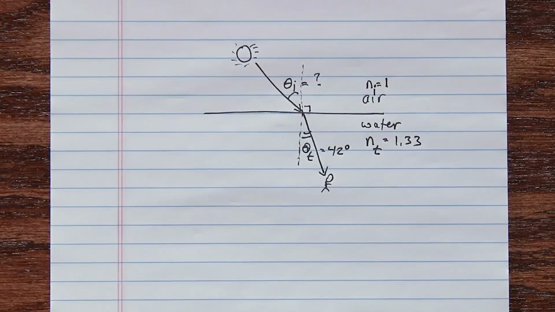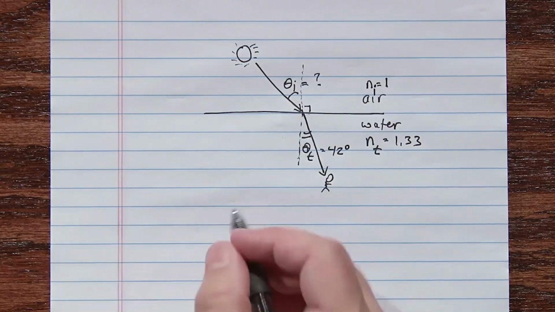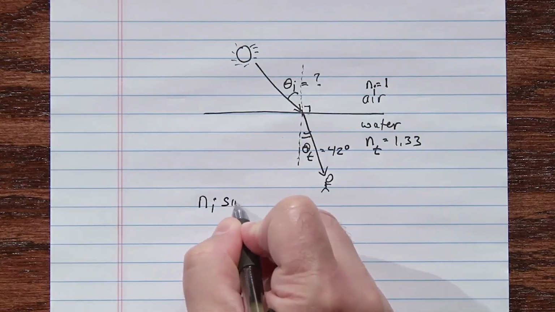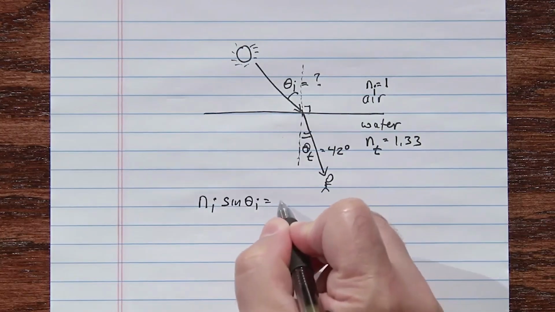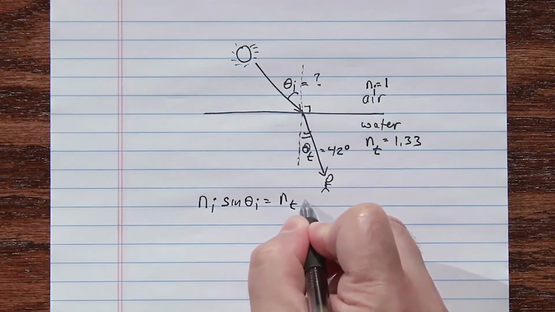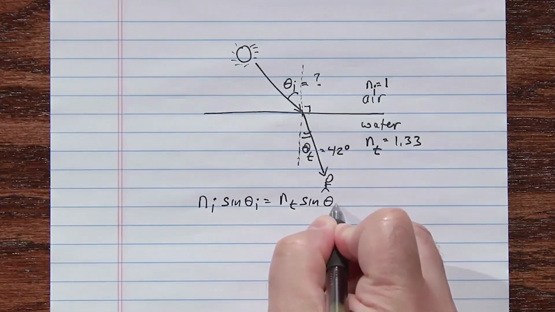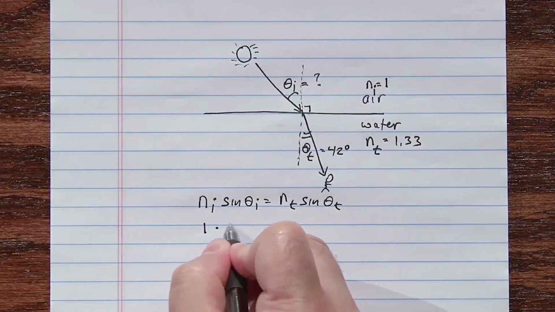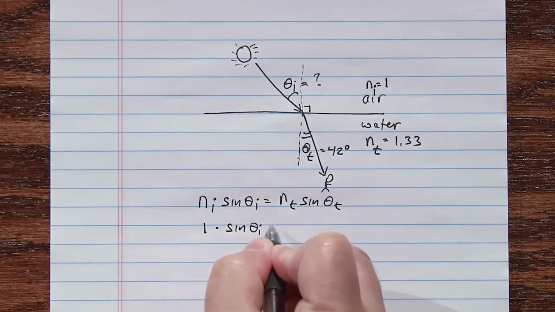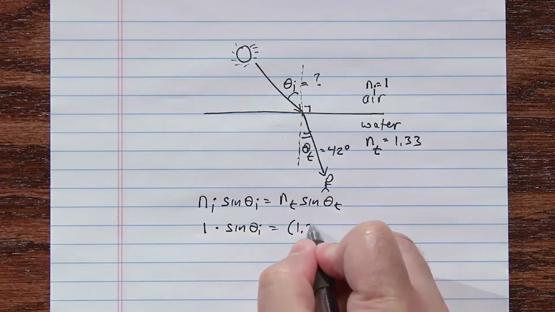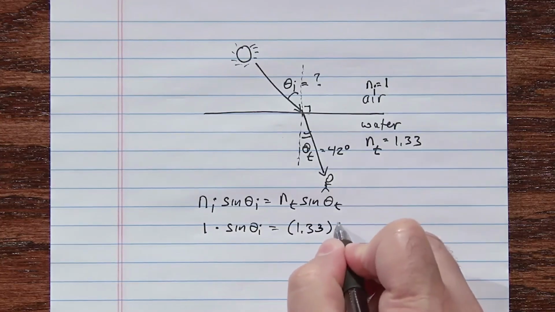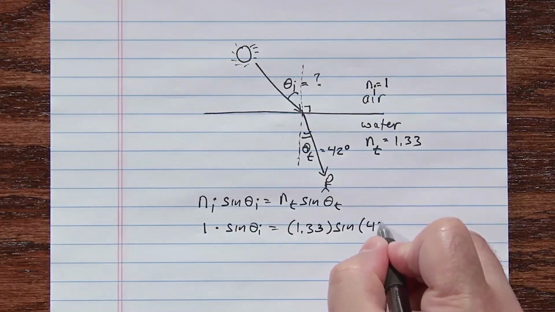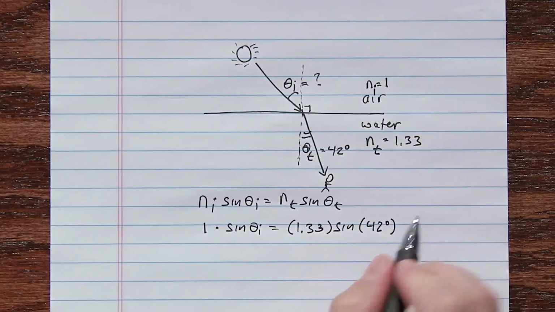For that, we use our equation for refraction, which is N incident times sine of theta incident is equal to N transmitted times the sine of theta transmitted, or 1 times sine of theta incident is equal to 1.33 times the sine of theta transmitted, which is 42 degrees.